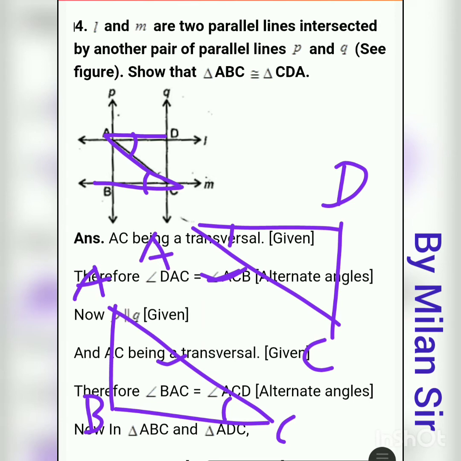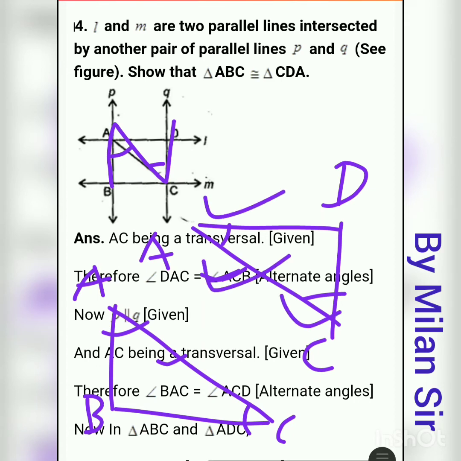So one side we get equal, one angle we get equal, and another thing, here too we have one Z. So these two angles are the same. First of all we get these two angles are the same, after that we get these two angles are the same. So now here angle, here side and here angle. So by using the angle side angle criteria we can prove these two triangles are congruent.